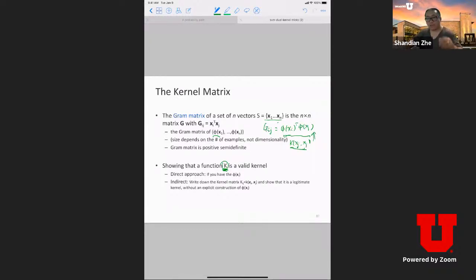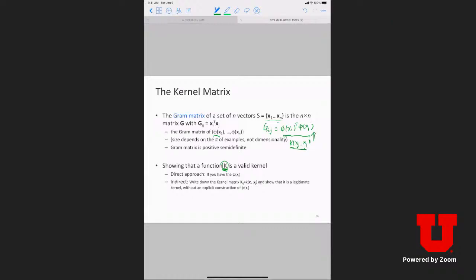So we want to check that every matrix computed by K is some Gram matrix. Do we use a smaller set of input vectors, or do we use the whole set to create that kernel matrix?